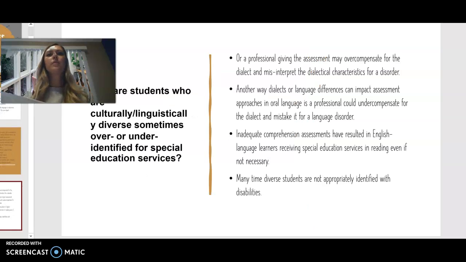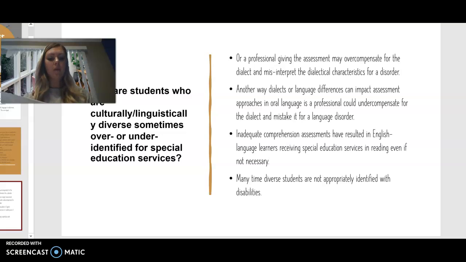And the last question: why are students who are culturally and linguistically diverse sometimes over or under identified for special education services? Sometimes a dialect can be considered a language disorder, even though a dialect is not a language disorder.